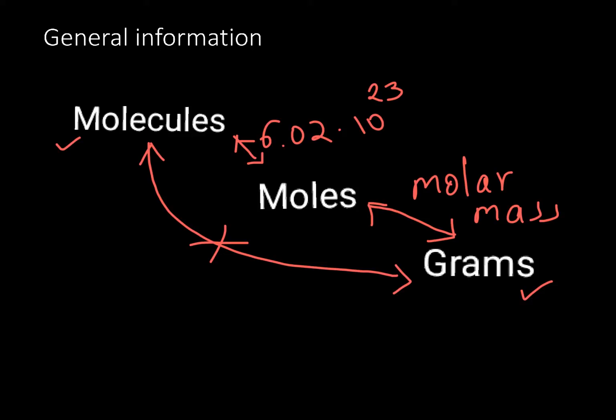Okay, so instead, what you need to do is go from molecules to moles and then moles to grams. You cannot go from molecules to grams directly. This will never happen. If you want to convert molecules to grams, you first have to go from molecules to moles, and then moles to grams. Similarly, if you have grams, then you go from grams to moles and then moles to molecules.